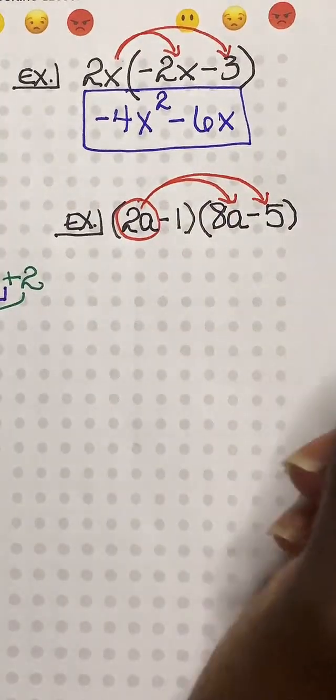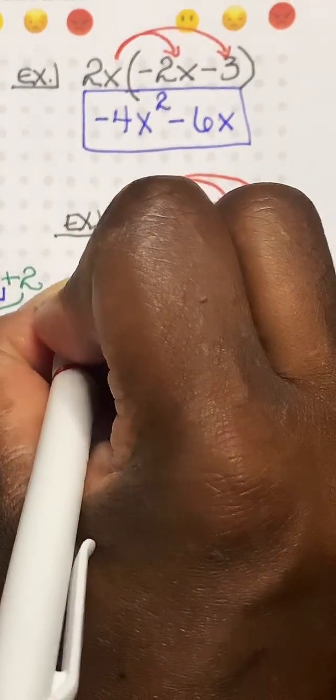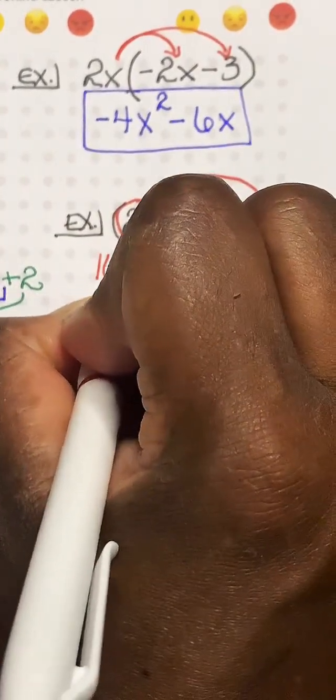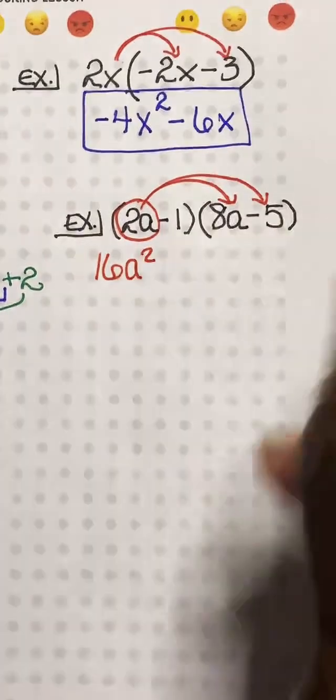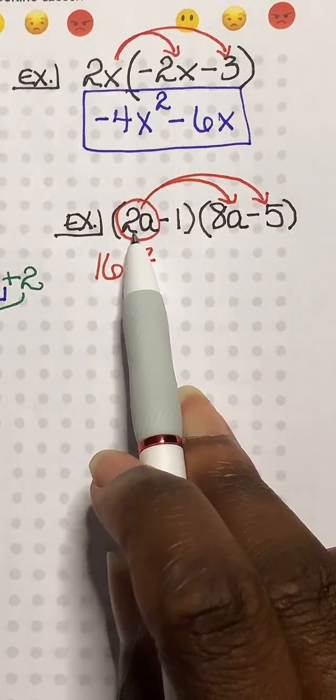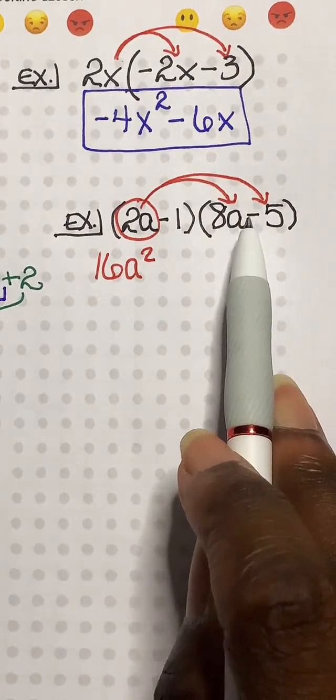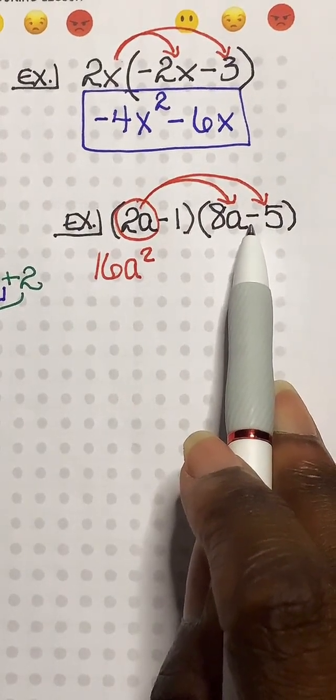Okay, so 2a times 8a gives me 16a squared. Now when I distribute the 2a to the negative 5, that minus sign is acting as a negative.